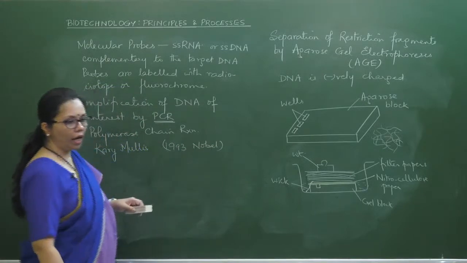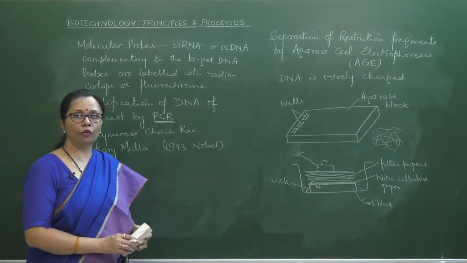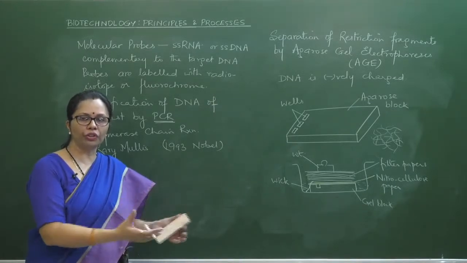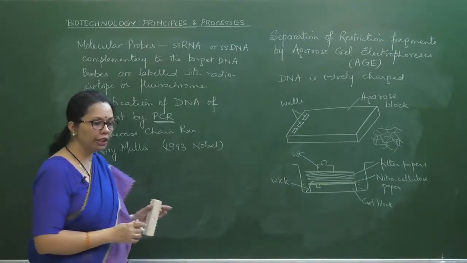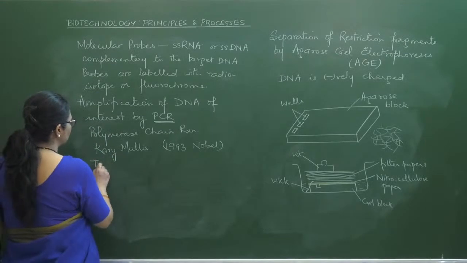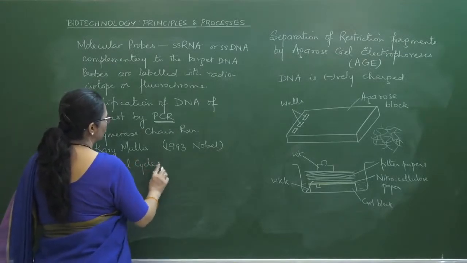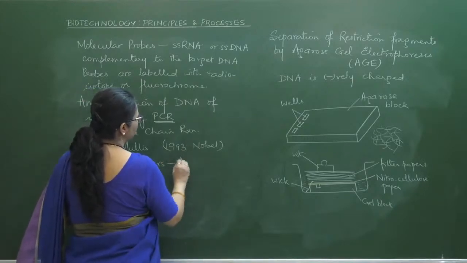Earlier, this reaction was of course done one after the other. The researcher had to sit there and do it. Now it is fully automated. There are PCR machines, which are called thermal cyclers, automated PCR machines.